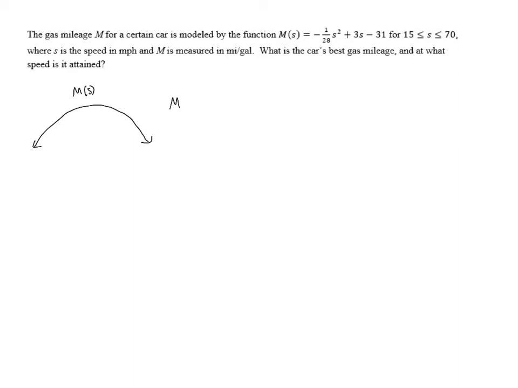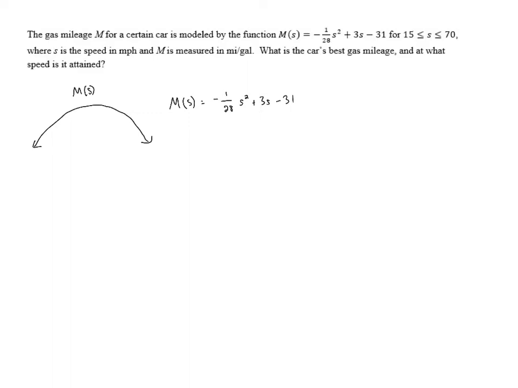Well, our function m of s is given by negative 1/28 s squared plus 3s minus 31. It would be a bit of a painful calculation to go through the process of completing the square here, because we've got this fraction out front, negative 1/28.